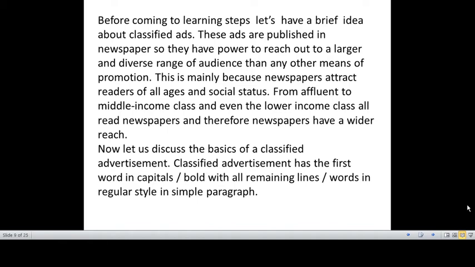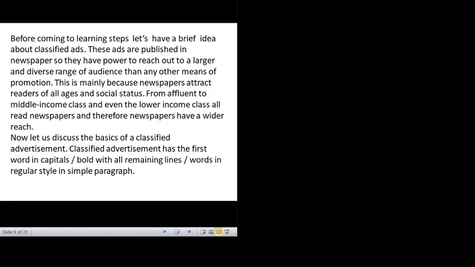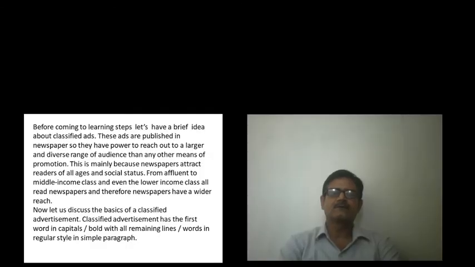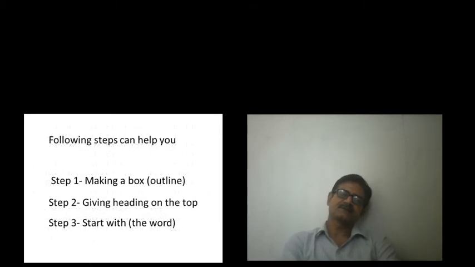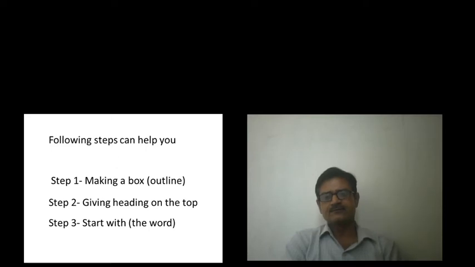All right. Now I think that we should start. These are the steps. I have mentioned 3 steps. First of all, step 1, making a box. Whenever you are preparing this type of ad, the classified ad, don't forget to make the box.